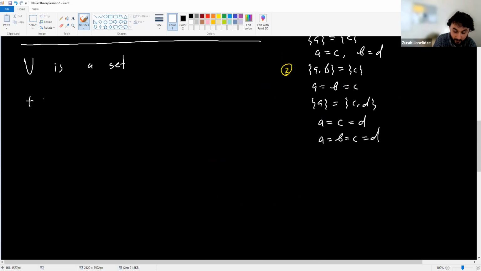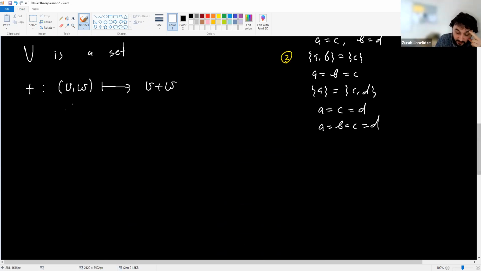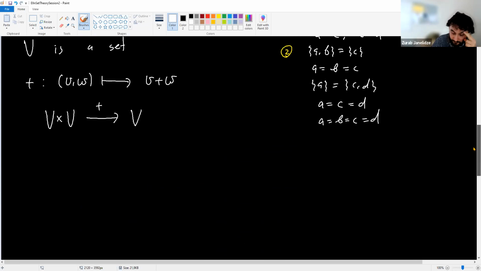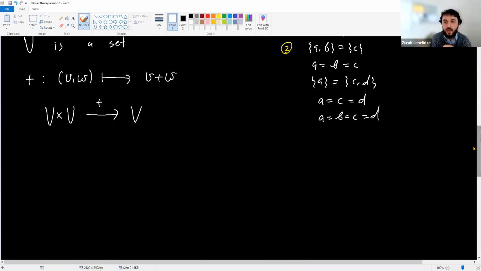It's a process, but now we will turn a process into an actual set. It's a process that assigns to each two vectors, let's say V and W, their sum. And hence it is a function which is defined on V cross V, whose values lie in V. So we can think of plus as a function. And now the question is, how do we think of a function as a set?